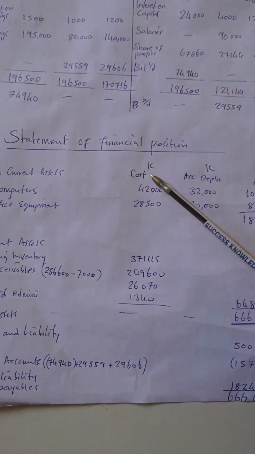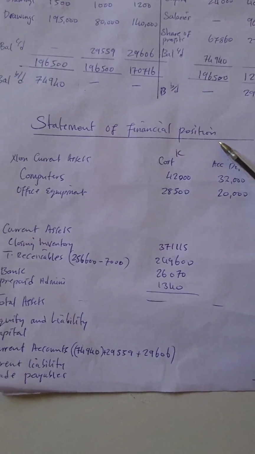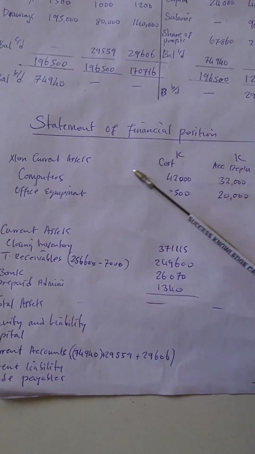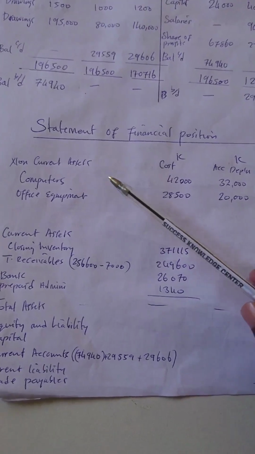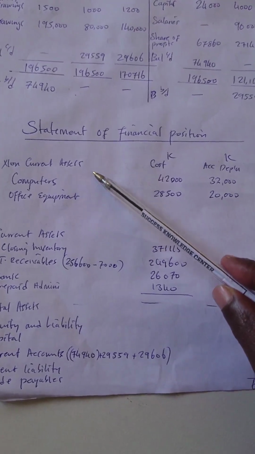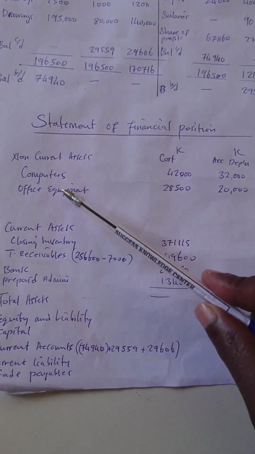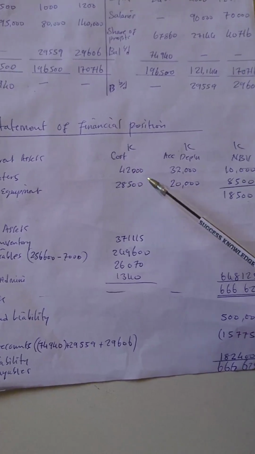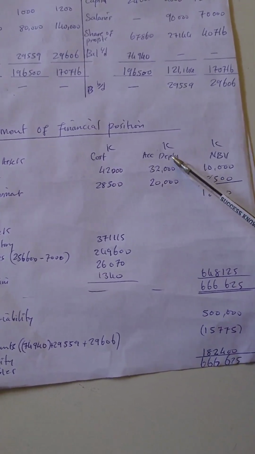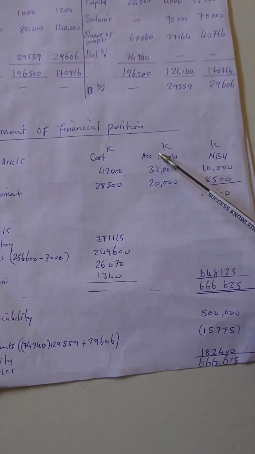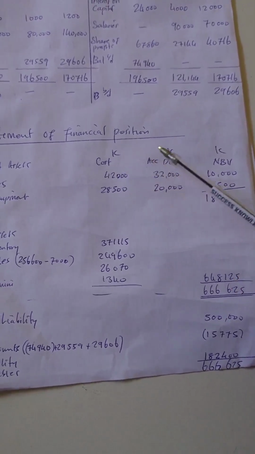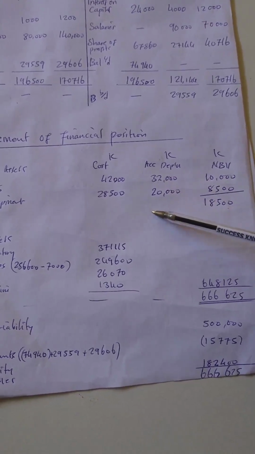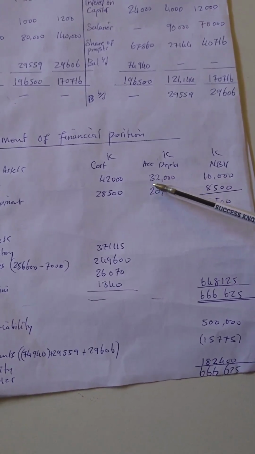So down here I have the statement of financial position. I'm sure most of you are aware how the statement of financial position works. We start with the non-current assets. So we only had computers and office equipment. This is the cost, and the accumulated depreciation. Accumulated depreciation is the depreciation from the previous periods and the current period. So in the question we had some figures.